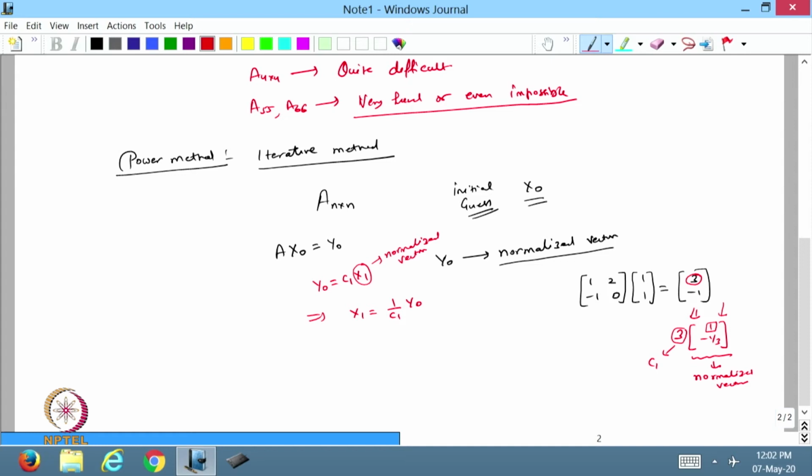Now, in the next step, I put A x1 and get y1. With the help of y1 I reduce this into c2 x2. I will keep doing like that.